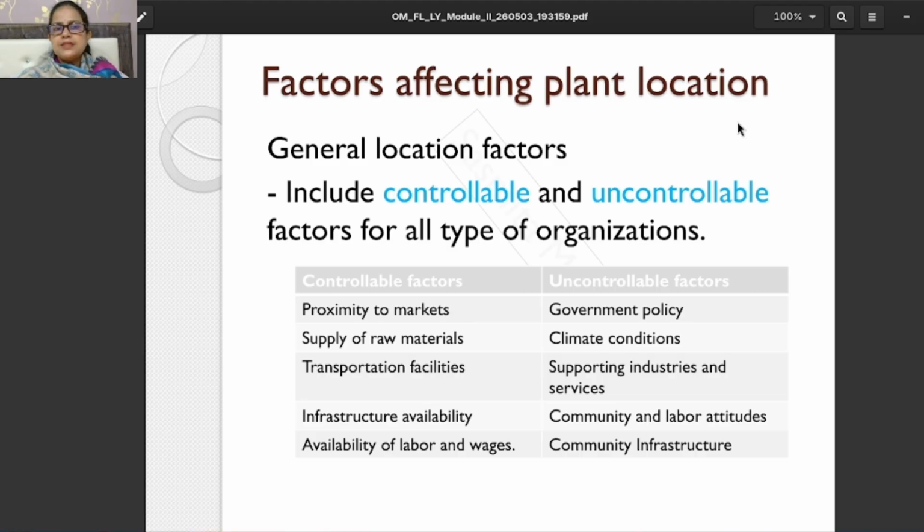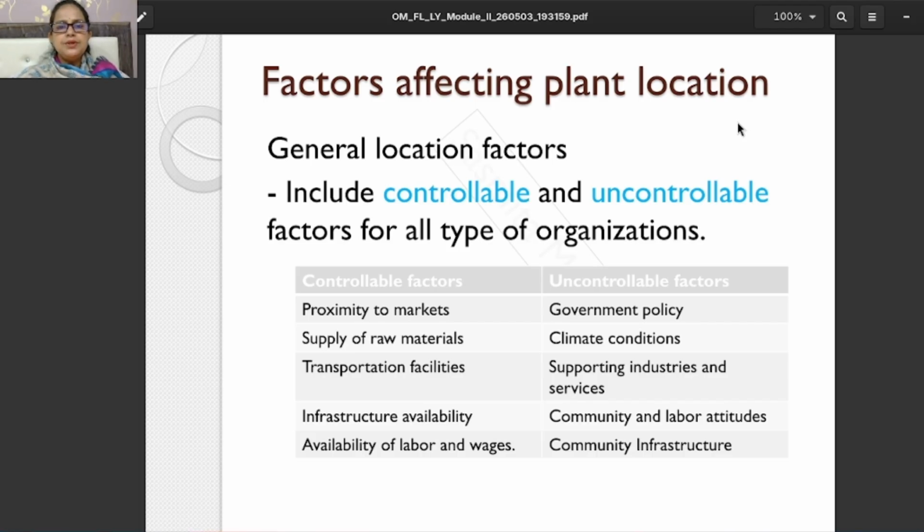Among controllable factors, there is proximity to market, meaning the market should be nearby, and supply and availability of raw material. Then transportation facilities like roadways, airways, and railways: these facilities should be available according to our production, our product, or the service we are providing.